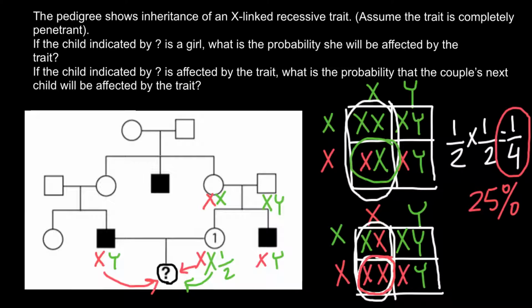So basically, if we know that this couple has a child who is affected, that gives us information that this female is 100% heterozygous. This gives us information that this female must have one defective X chromosome. So we have to exclude this probability, that is 50%, and put a new probability that is 100% for this female to be carrier for this genetic disorder.